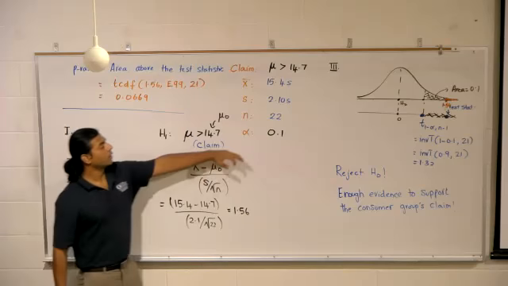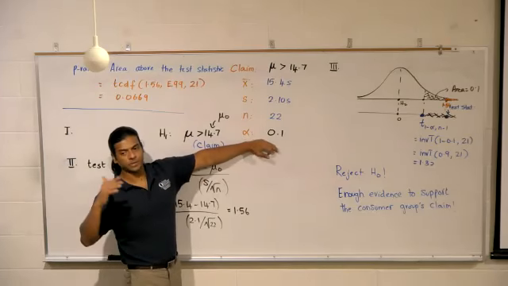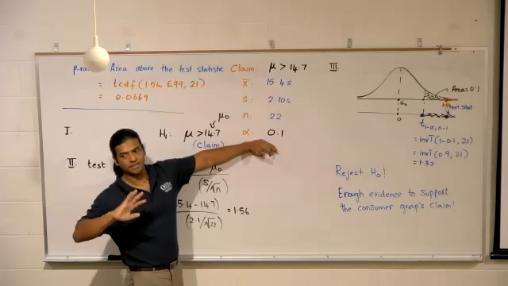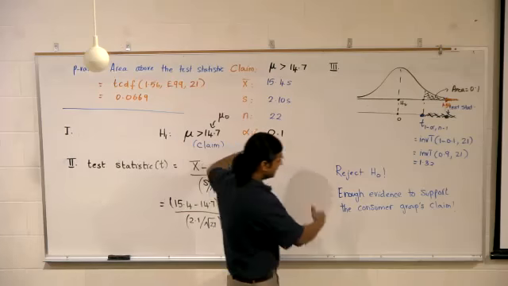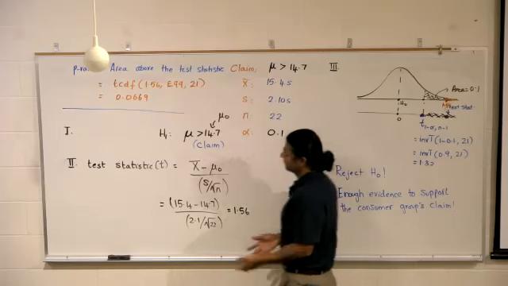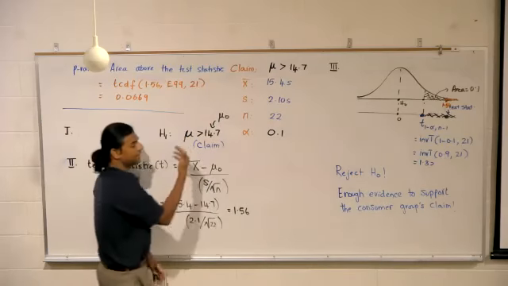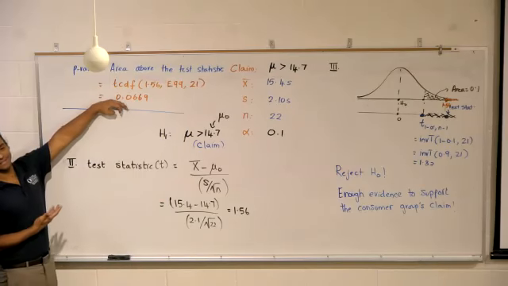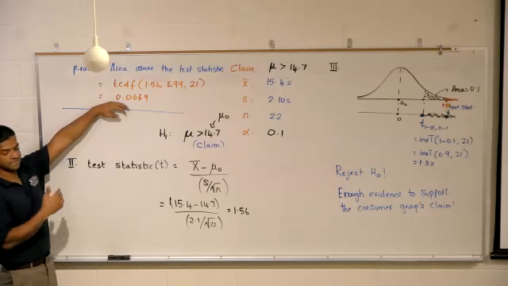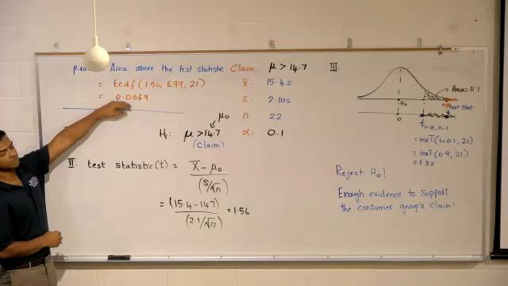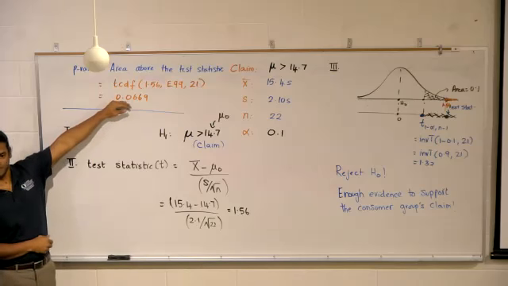So I was willing to tolerate all the way up to 10%, but nothing more than 10%. But I did the test and the data is telling me, well, you set it at 10%, but in reality, the probability that I will commit a mistake in rejecting the null is only about 6%.